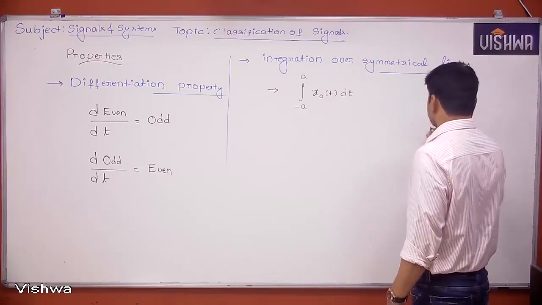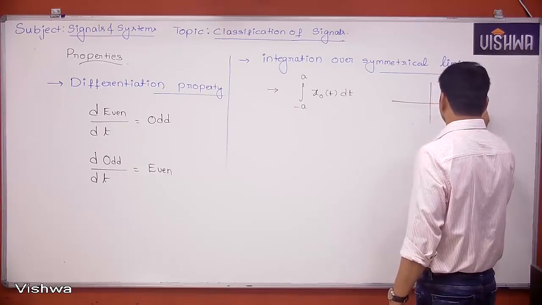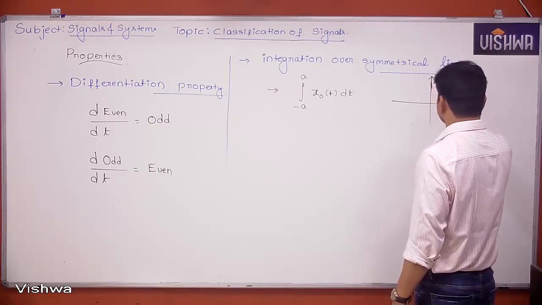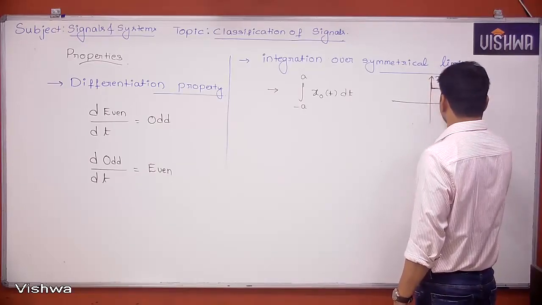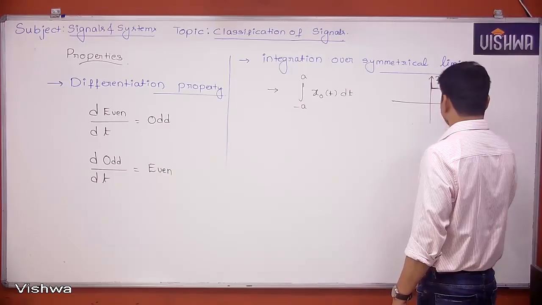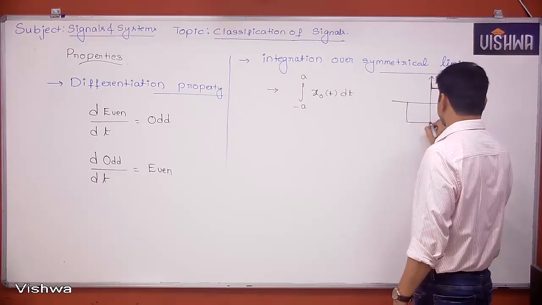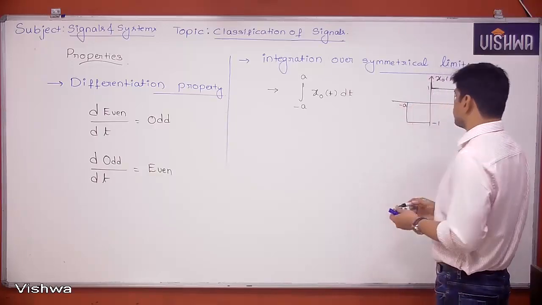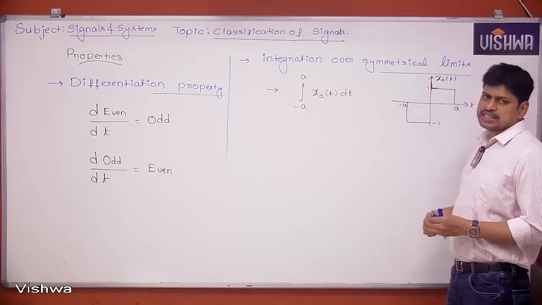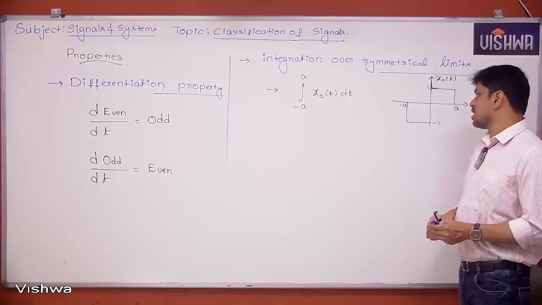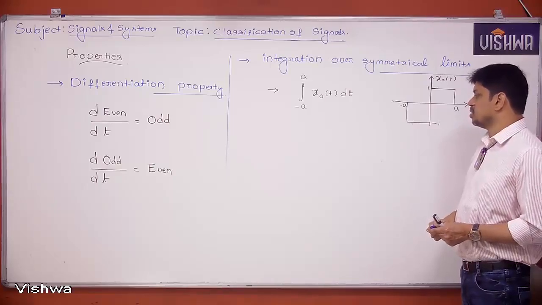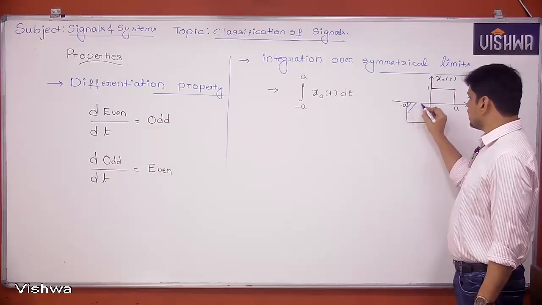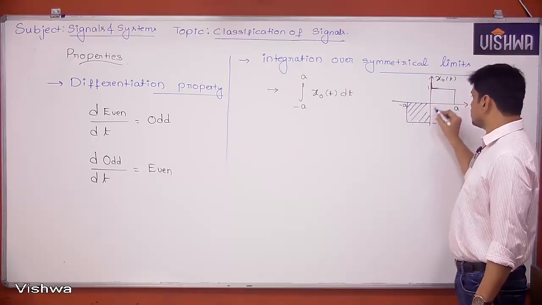Let's take one example so that you can understand easily. Let's say an odd signal. If you take the integration, that means we are calculating the area under the curve between minus a to plus a. So we have to add this area with this area.